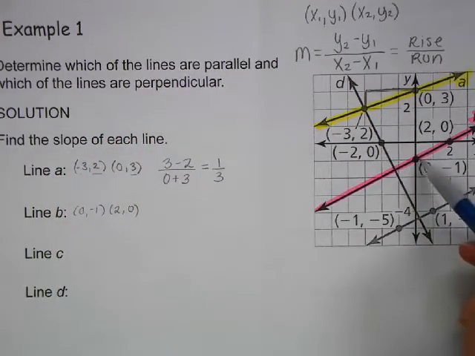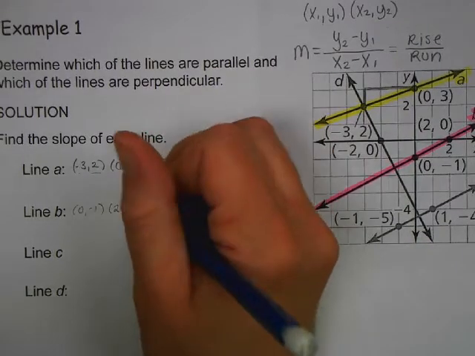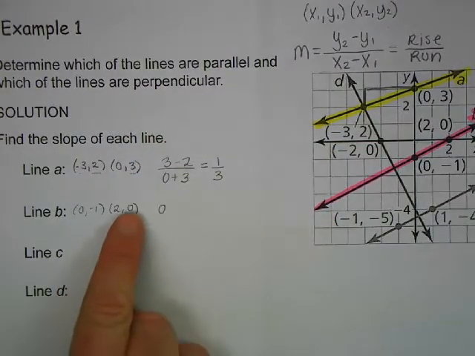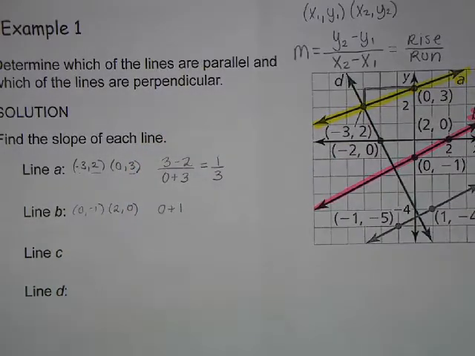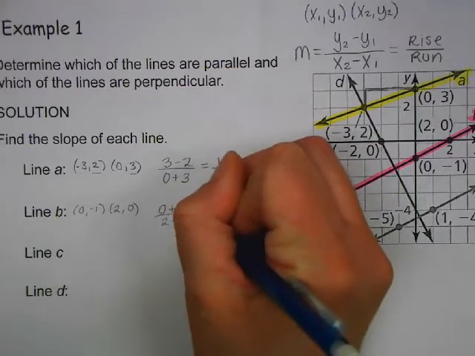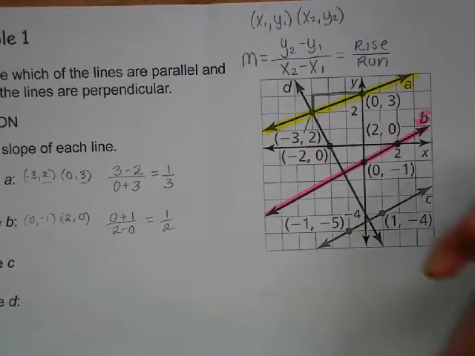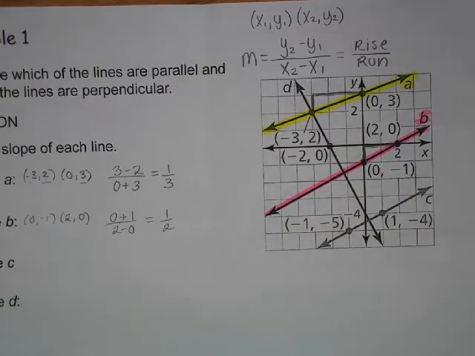You can either do rise over run, or you could plug those into the slope formula. y2 minus y1 is 0 minus -1, which is the same as 0 plus 1. x2 minus x1 is just 2 minus 0. So your slope for line B is 1/2. And again, if you use rise over run, you would rise 1, run 2, so you would also get a slope of 1/2.